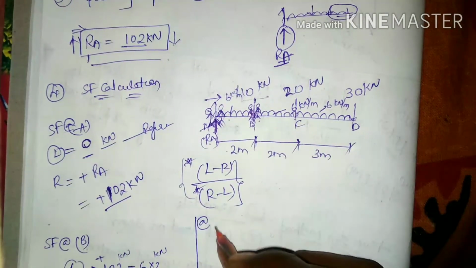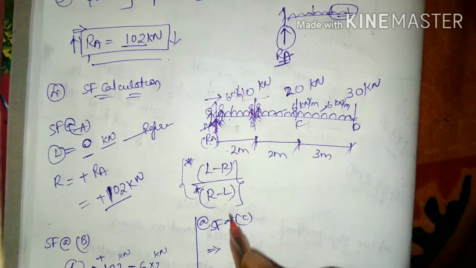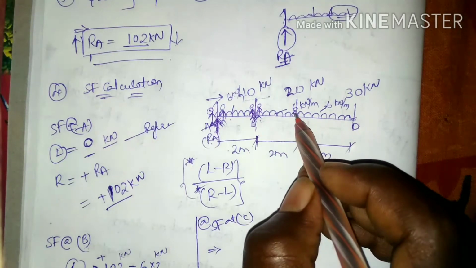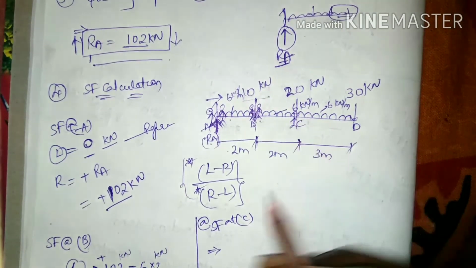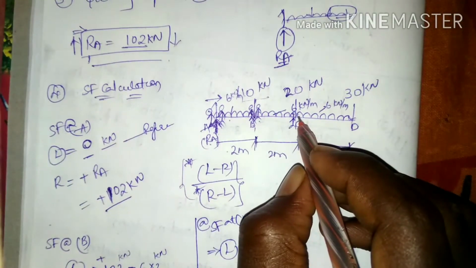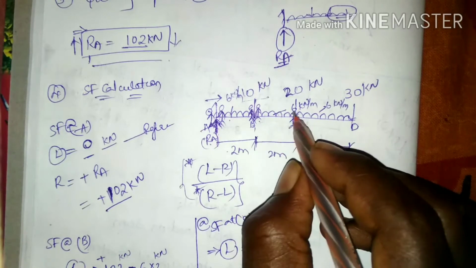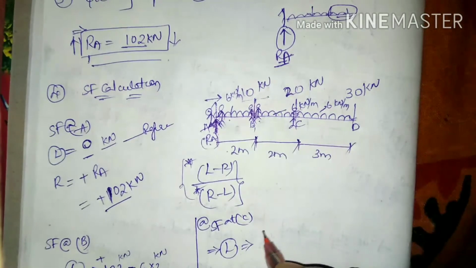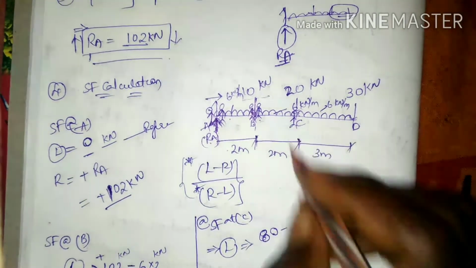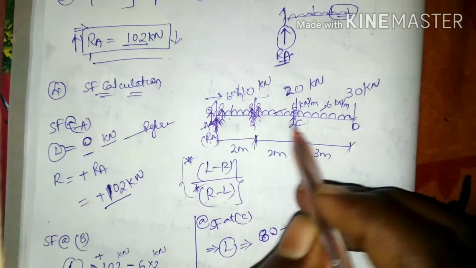Now the shear force at C. From B to C, we don't find any type of point loads. Just left of C, I am going to find a UDL of magnitude 6 kilonewtons per meter.